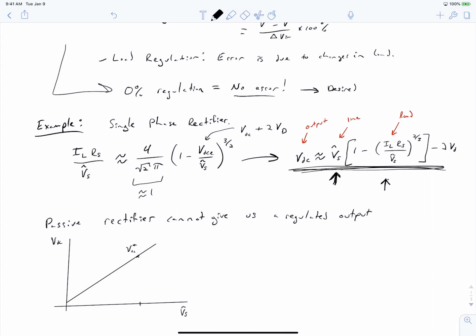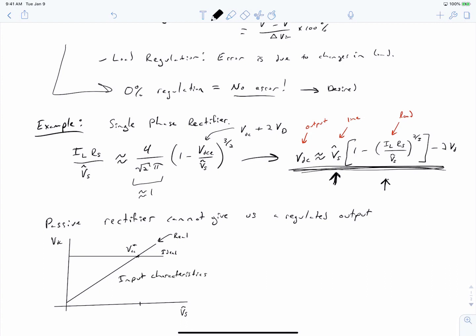But as we change our input voltage, this VDC output will go up and down this curve. And we can then say that right here corresponds to our ideal behavior, but this corresponds to our actual or real behavior. So a graph like this is called the input characteristics of the system.